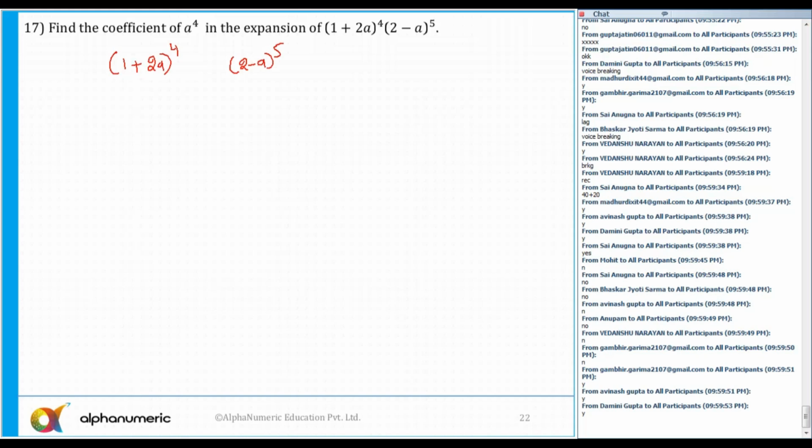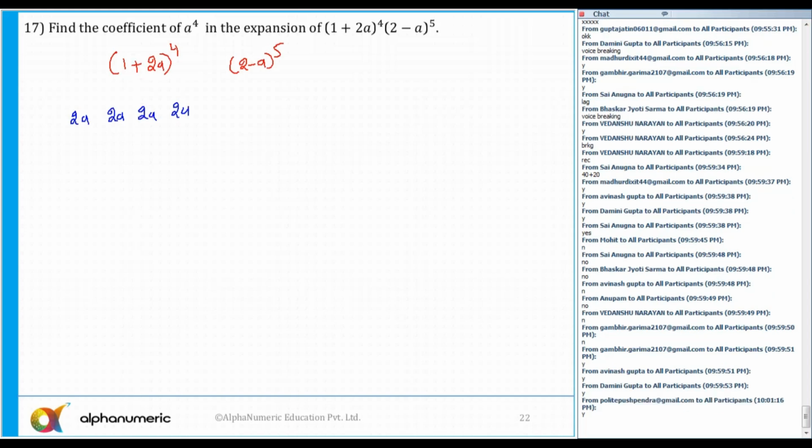So I need the coefficient of a raised to power 4. So can I say take 2a, 2a, 2a, and 2a from the first bracket? Yes or no? (1 plus 2a) raised to power 4, so take 2a from each of the terms.